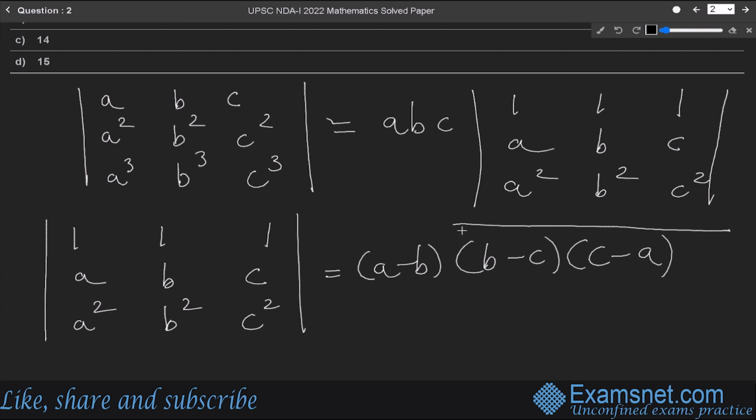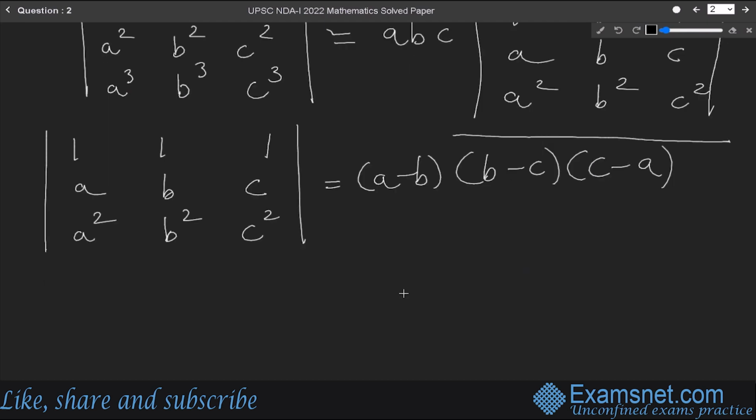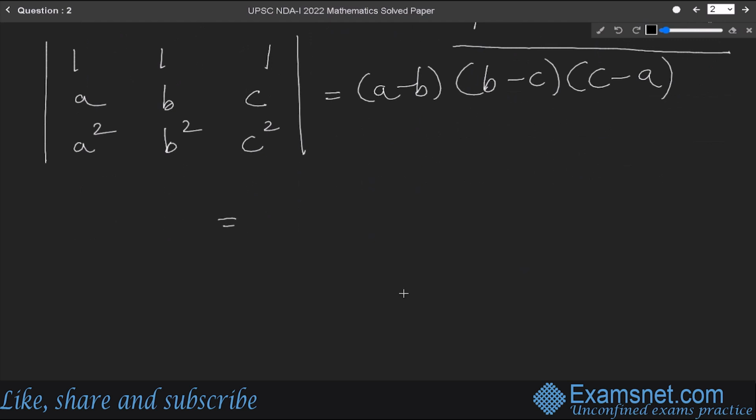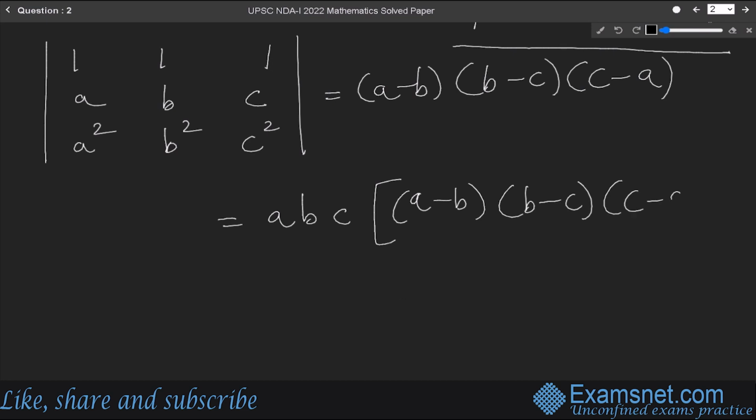So I am replacing the value of this by A minus B into B minus C into C minus A. So I will get ABC into A minus B, B minus C, C minus A. In the question, the value of ABC is already given, which is 6, and the value of A minus B into B minus C into C minus A is given as 2. So therefore, the final answer is 12.